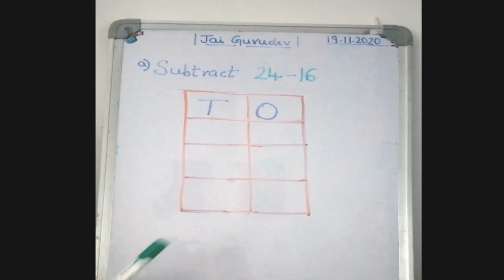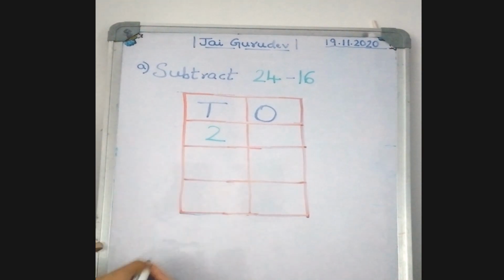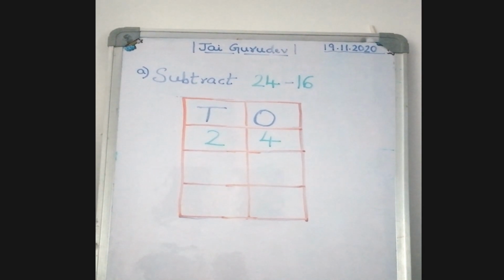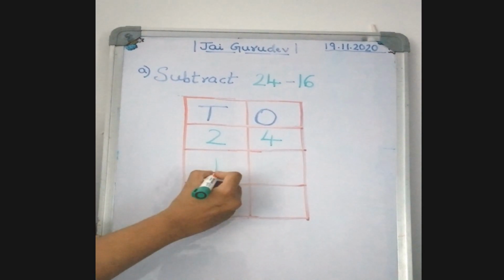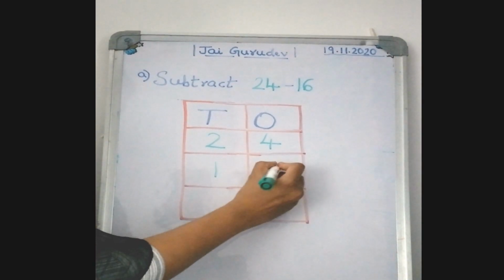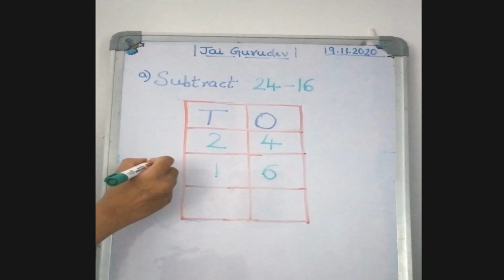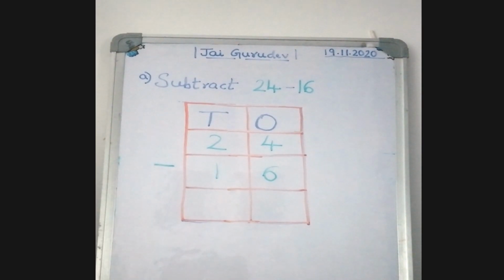Let's write the numbers in columns. First we'll write number 24, 2 in tens place and 4 in ones place. Now let's take number 16, write 1 in tens place and 6 in ones place, and we have to put the subtraction symbol, that's the minus.